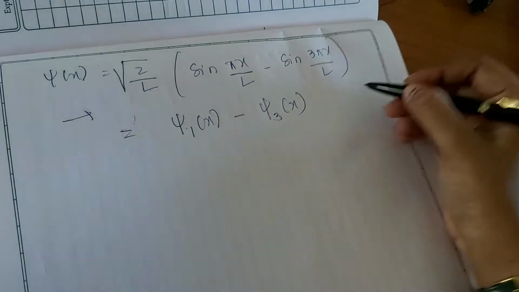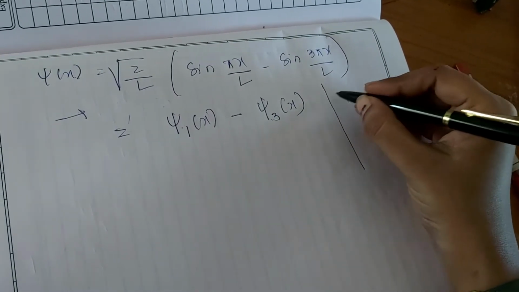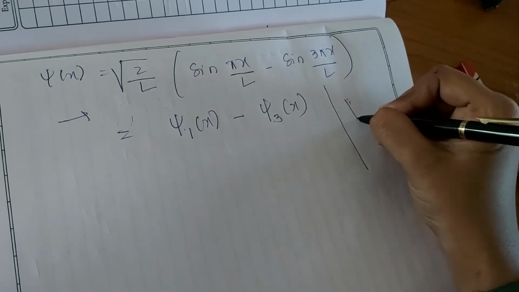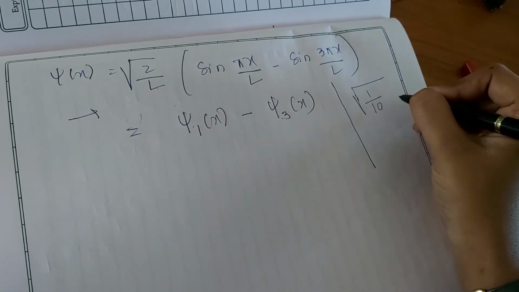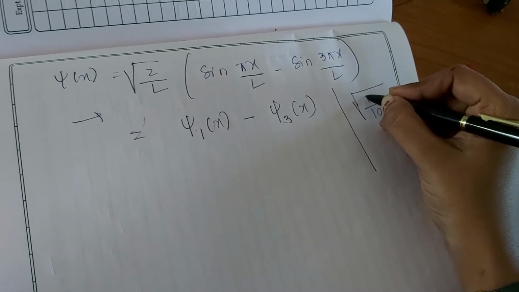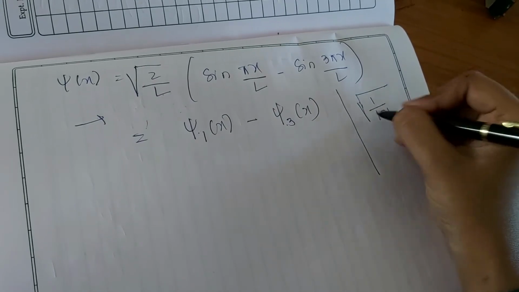In some cases, I am just giving an example, you will see that there is not under root 2 by L, there is something like 1 by 10 or pi by 10, or 10L, anything like this.